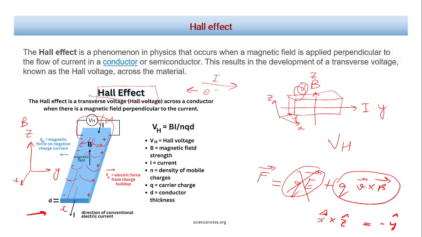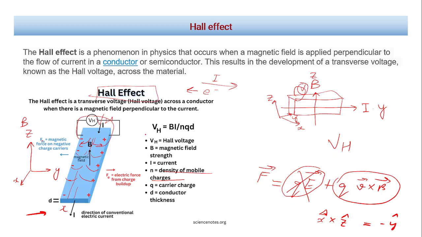It depends on the strength of the magnetic field, the magnitude of the current passing, n, the density of the majority charge, q, the charge of that particle, whether hole or electron, and d, the thickness of the sample.